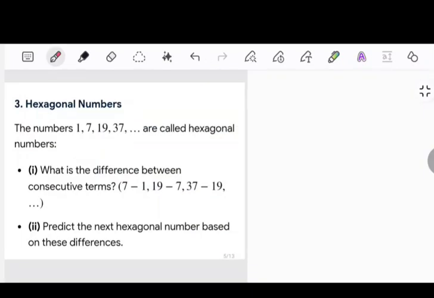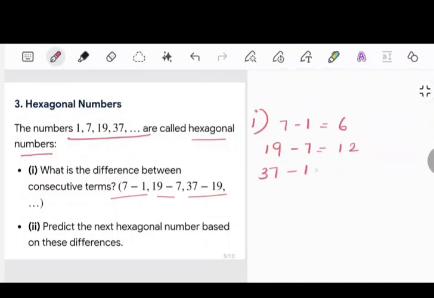The numbers 1, 7, 19, 37 are called hexagonal numbers. What is the difference between consecutive terms? 7 minus 1, 19 minus 7, 37 minus 19. So first we find the differences. 7 minus 1 is 6. 19 minus 7 is 12.